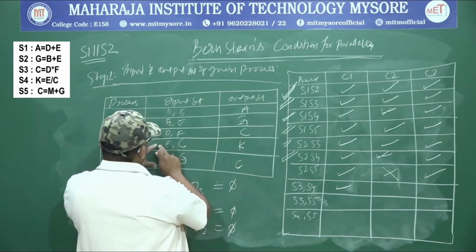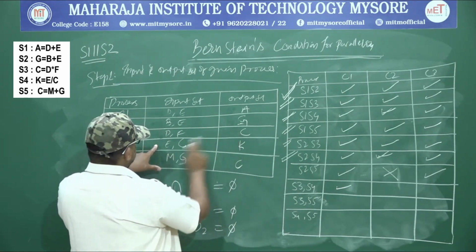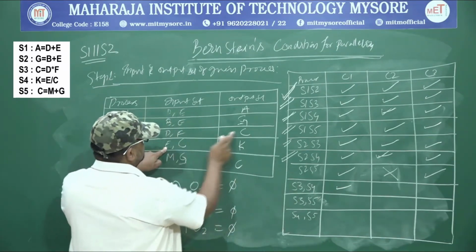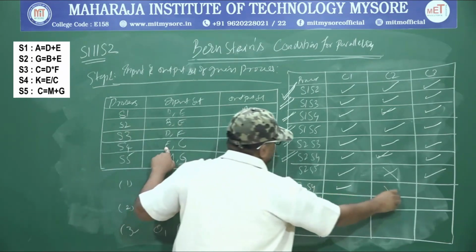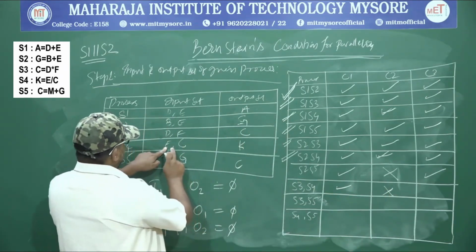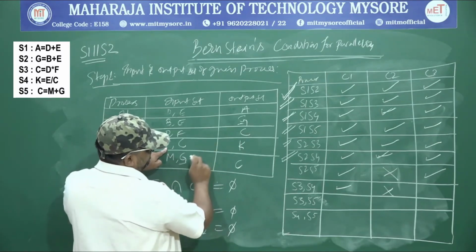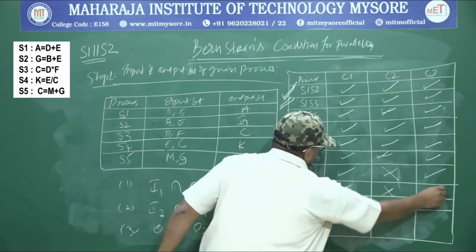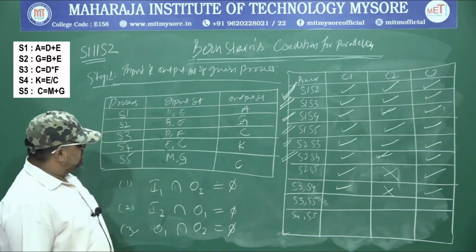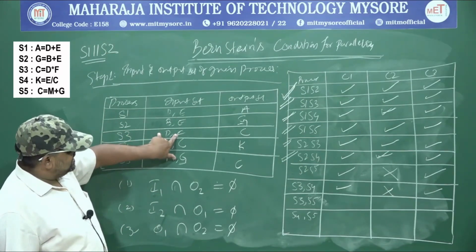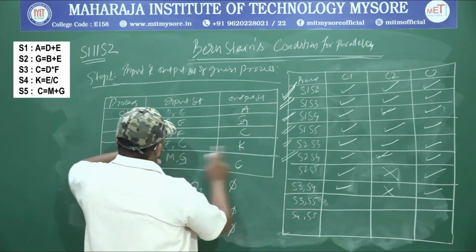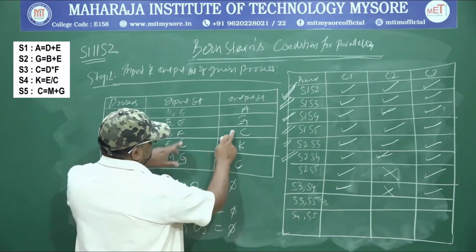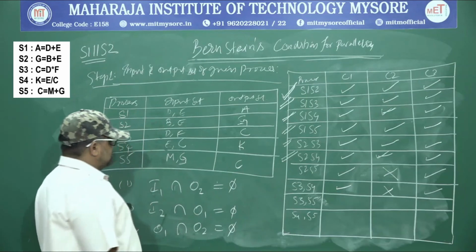Then again it is 4 and 3, EC and C. Output is EC but the input is C, it is a common here, right? 3 and 4 is C and K. Now I would simply say 3 and 4 cannot be executed parallelly, because it violates the second condition.